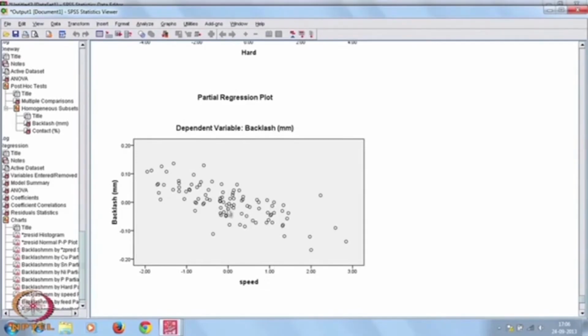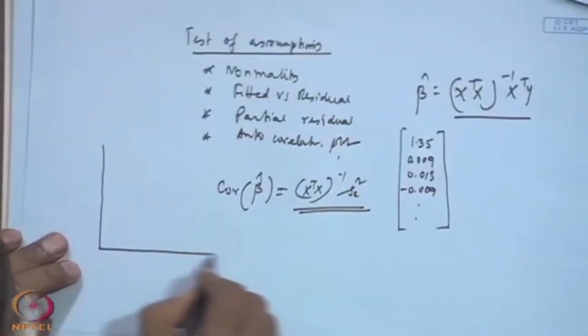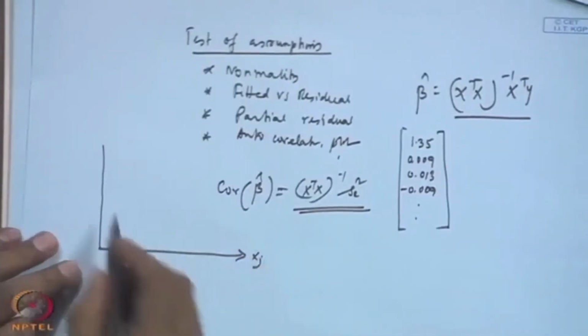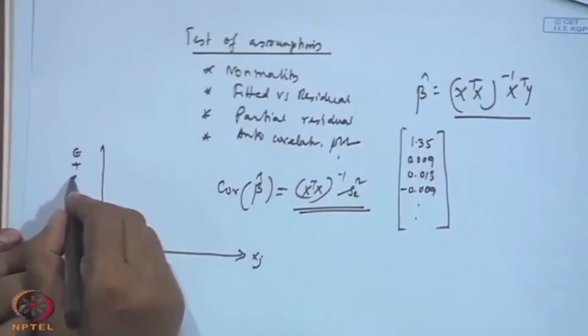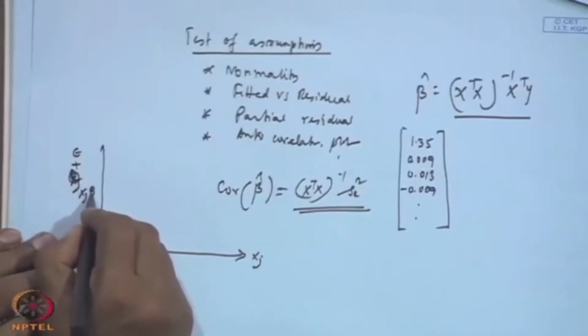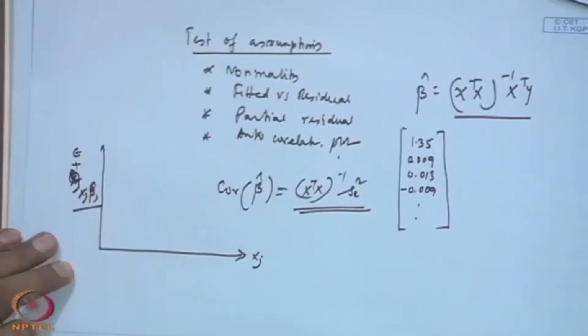influencing variable. So this residual plot, what we have seen in residual plot, we said that when you go for residual plot, this is basically xj, and this side is error plus xj beta j cap.